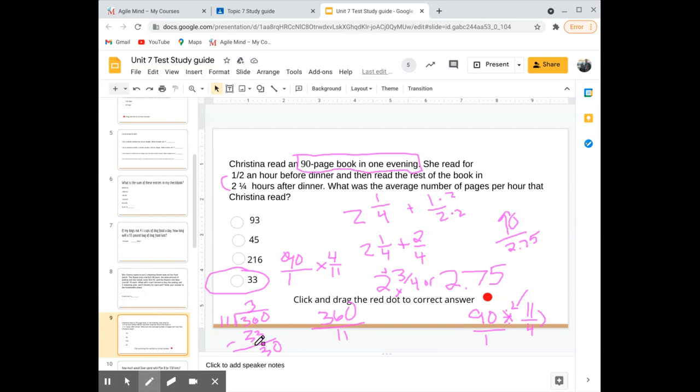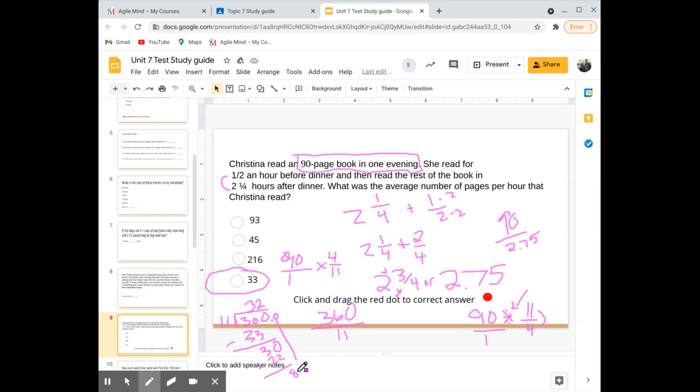All right, and then 11 goes into 30 how many times? 1. It actually goes in there twice. You get 22, and then when we subtract them, we get 8. Gotcha.